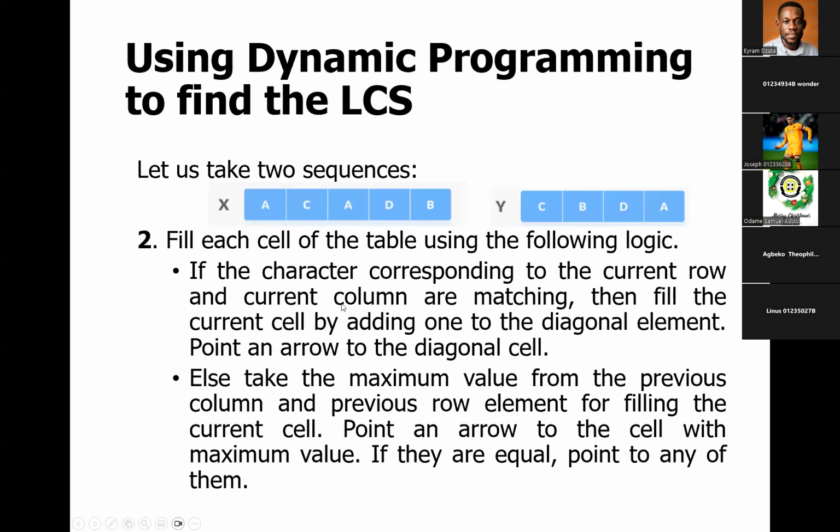Then you fill the current cell by adding 1 to the diagonal element, and then point an arrow to the diagonal cell.